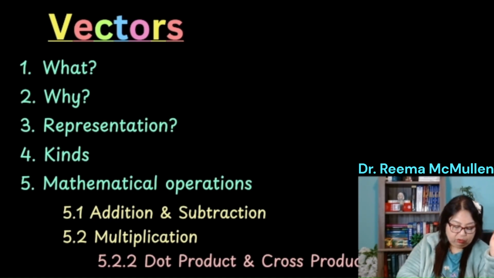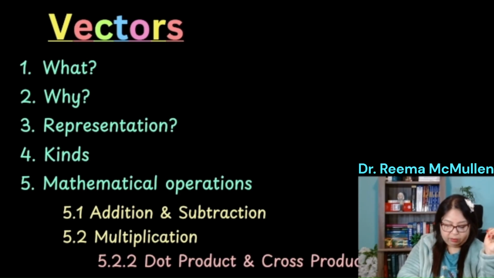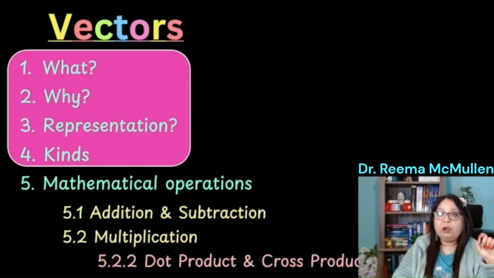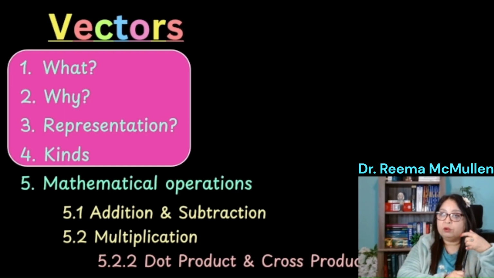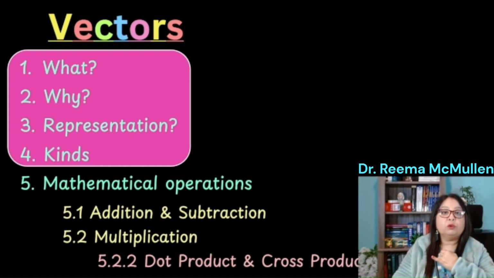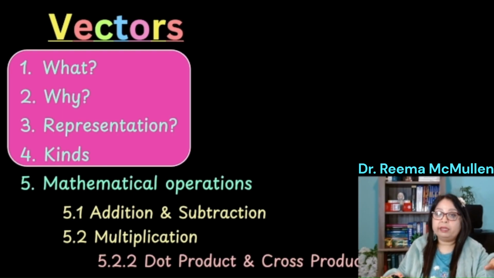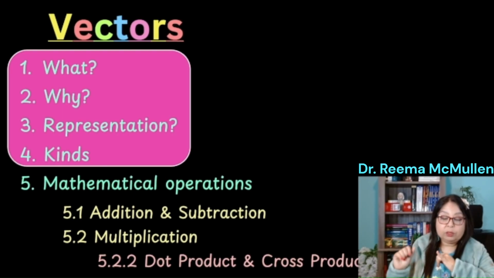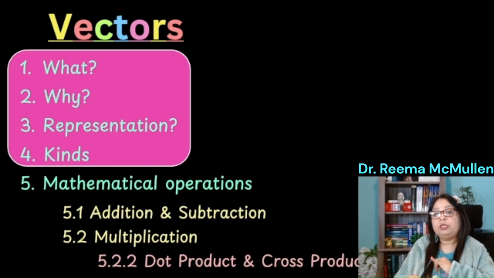All right. So moving on, in this lecture, we are going to go over what are vector quantities, why do we need vectors, how do we represent vectors, and what kind of vector quantities are there. This will become a very long lecture if we try to include mathematical operations such as addition, subtraction, and multiplication.